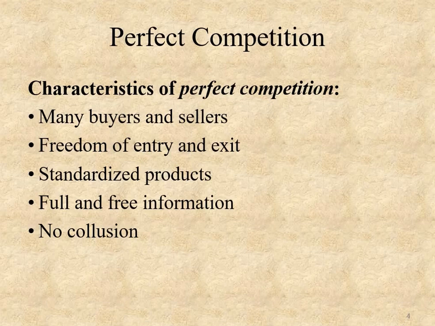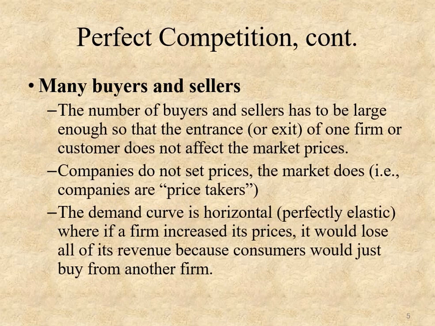Probably the best example of perfect competition would be the commodities market, where you're selling, for example, things like wheat, corn, and so on. There are many buyers and sellers. The number of buyers and sellers has to be large enough so that the entrance or exit of one firm or customer does not affect the market prices.